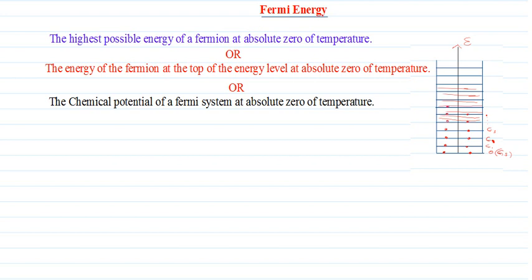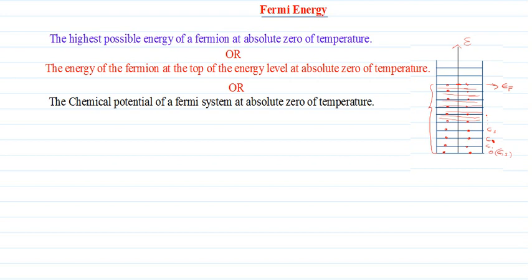That happens for a system composed of electrons, protons, neutrons, etc. You can see that at absolute zero, the particles of the system are occupied up to a particular energy value, and this energy value is what is named the Fermi energy of the system.